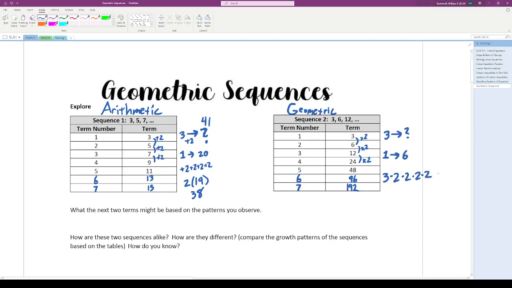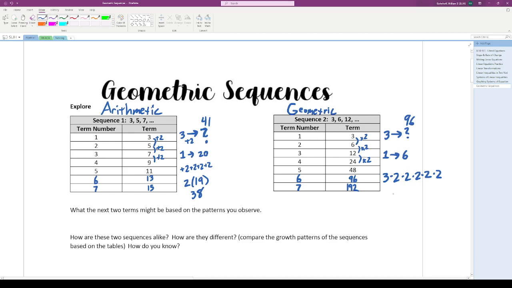From 1 to 6 is 5 steps. So I need to multiply by 2 5 times. So that would be 3 times 2 is 6, times 2 is 12, times 2 is 24, times 2 is 48, times 2 is 96. So we come up with 96 by doing times 2 at each step.